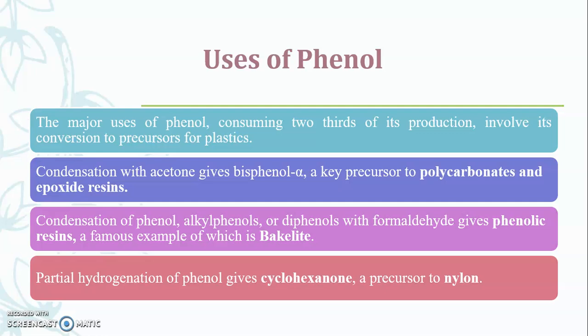Also, condensation of phenol with acetone gives bisphenol. This is a key precursor used for the synthesis of polycarbonates and epoxide resins. These polycarbonates and epoxide resins are also polymers, having different uses, and phenol is generally utilized for their synthesis. Further, the next use is condensation of phenol, alkyl phenols or diphenols with formaldehyde, which gives phenolic resins.